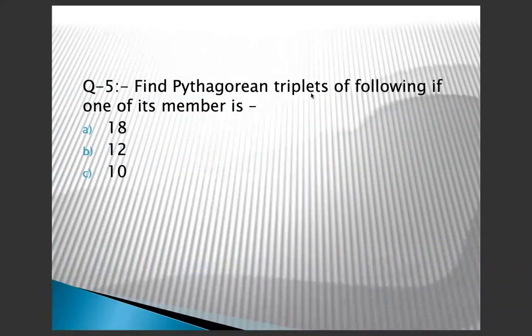Now find the Pythagoras triplet of the following if one of its members is 18. Now first what you have to check is whether the number is even. Yes, if it is, you can use the formula 2m. To always find the Pythagoras triplet, there is one method, which is 2m, m square plus 1, and m square minus 1.